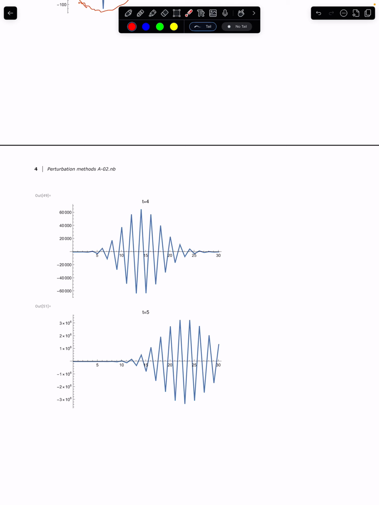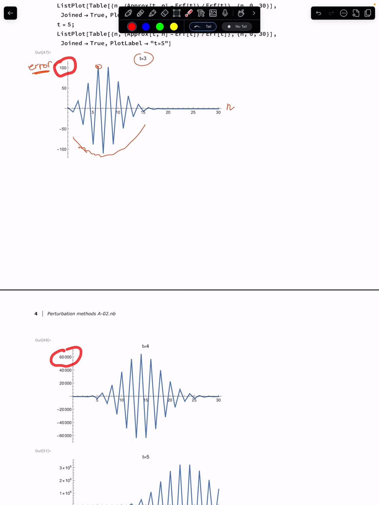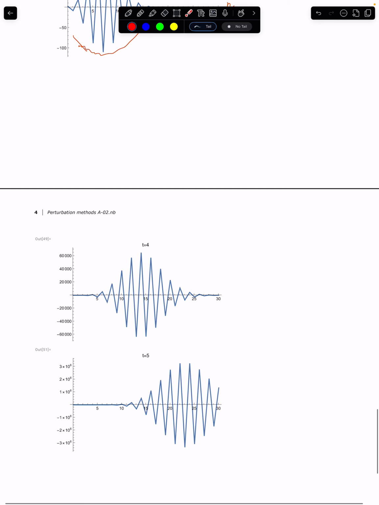All right, and moreover, you see that the error that you make momentarily grows to larger and larger values. So we started with a value of 100 for t is equal to 3, which is still fine, but the error grows to much, much larger values. You see, 3 times 10 to the power 8, meaning that two different terms in that sequence are taking values as large as plus or minus 3, 4, 5, or 6 times 10 to the power 8.